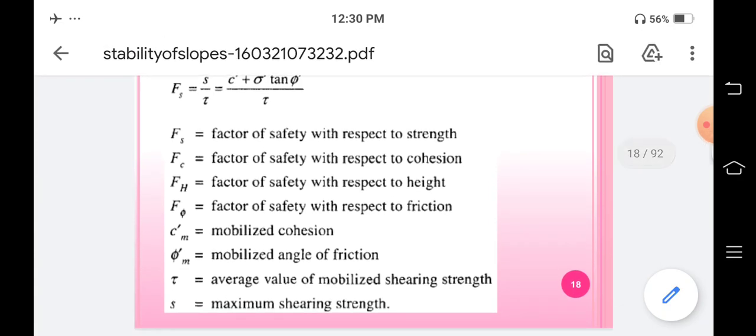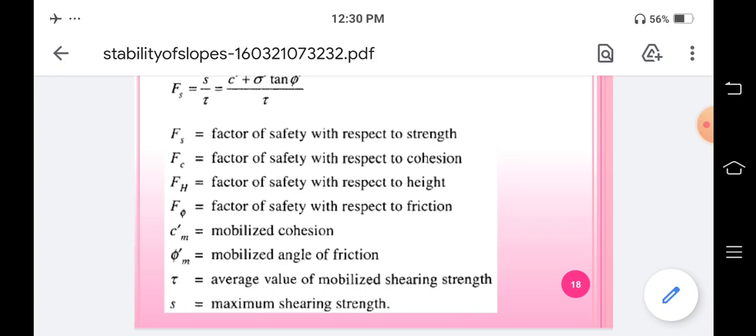Here we are considering F as the factor of safety. If you want to calculate the factor of safety with respect to shear strength, we can designate it as Fs. We are going to calculate the factor of safety for four different parameters.